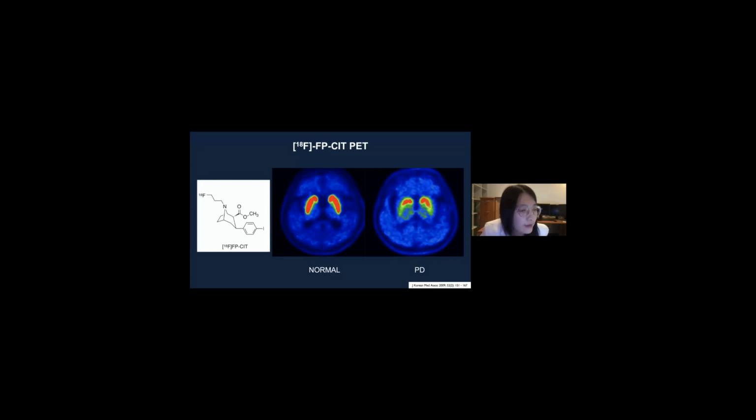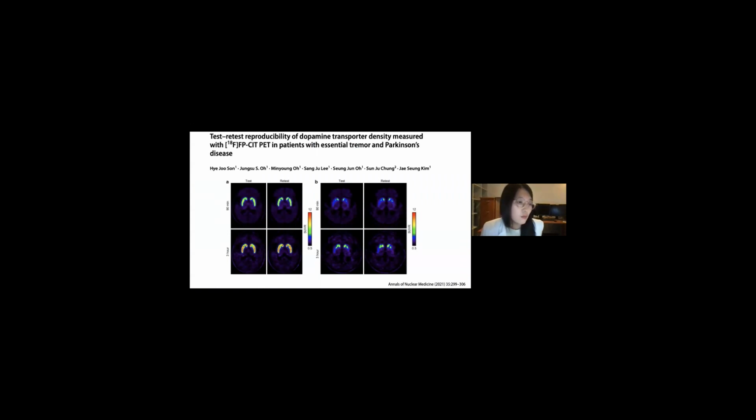It benefits from high selectivity to dopamine transporter, fast kinetics, and excellent spatial resolution. Moreover, the quantitative outcome measure of FP-CIT PET is reproducible with low variability in both PD and ET.